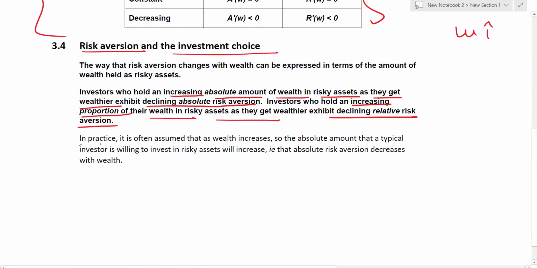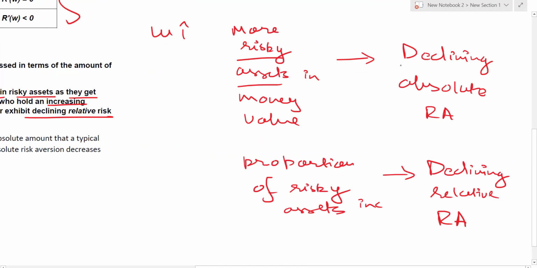So if I'm taking more risk, then my risk aversion is declining, obviously. And this is true in the other direction as well: if wealth increases and I hold less risky assets, then it means increasing absolute risk aversion, obviously. If this is less, then you can say this is increasing.